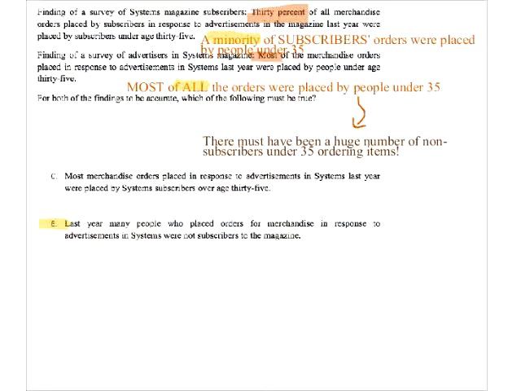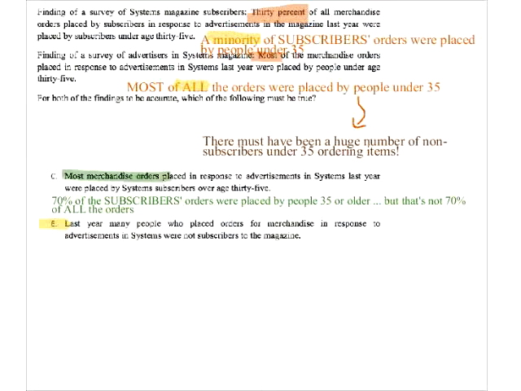But that's just the subscribers' orders. And that's the problem. But that's not 70% of all the orders. And that's the problem with this answer choice, because this is not just subscribers, this is most of the orders, and we don't know that.